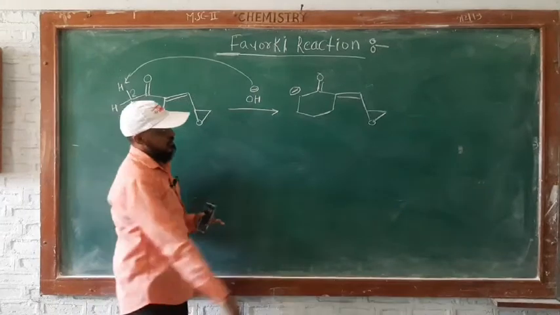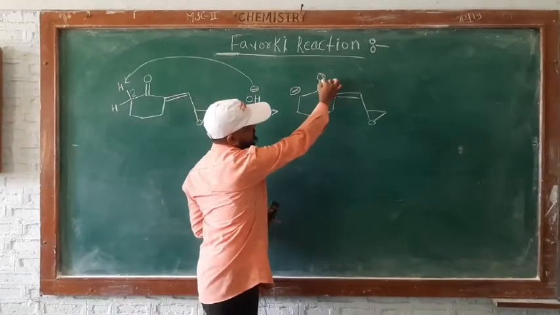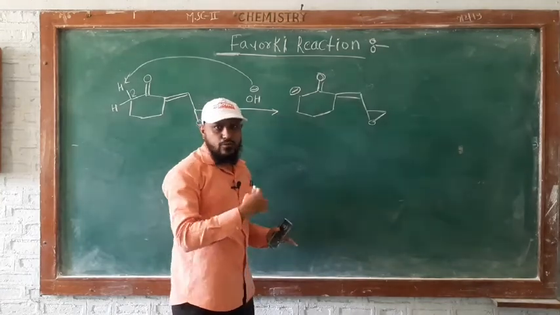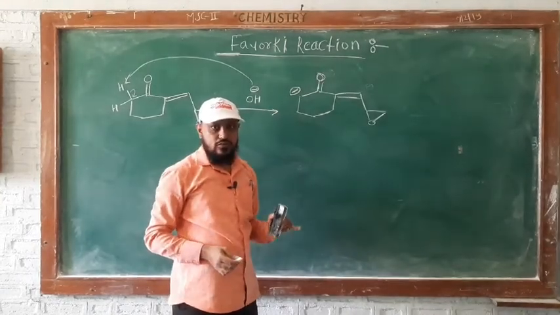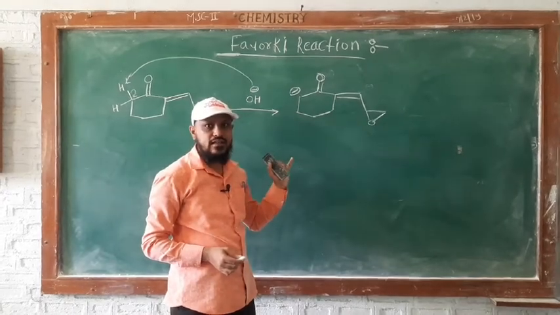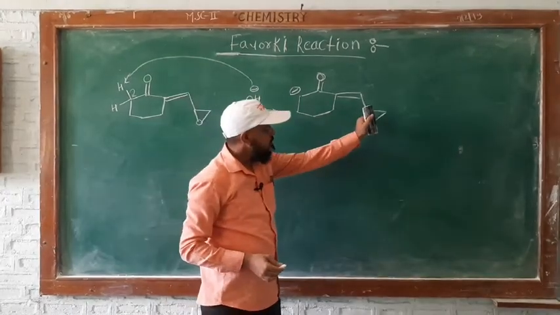After the formation of this intermediate we want to generate the cyclopropanone intermediate. The cyclopropanone intermediate is generated by the breaking of this bond and this bond.